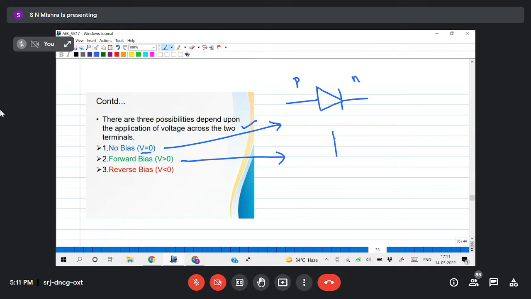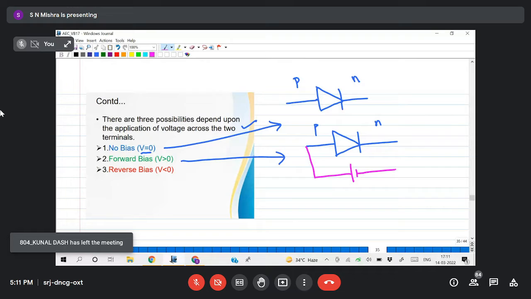That means I'll take a diode, P and N, and the P type material is connected to higher potential compared to the N side. This is plus, this is minus, so V greater than 0, maybe 5 volt, 10 volt, 2 volt, 1 volt, any positive value. Then I can say this is your forward bias condition.